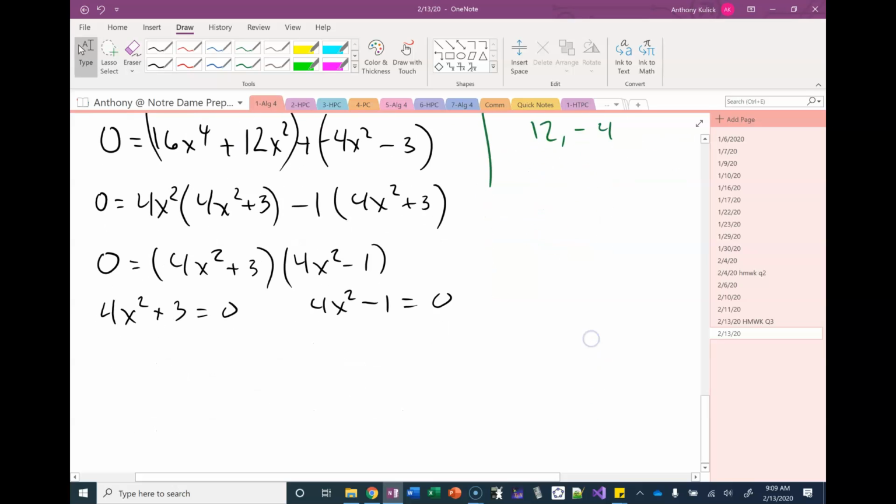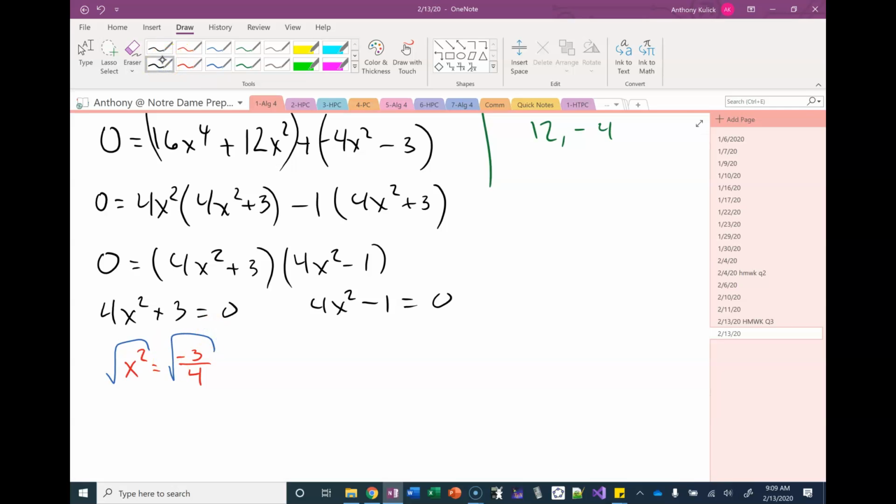And what's going to be the easiest way to solve these quadratics? I would solve them directly because they just have x squareds. Good. So the first one, I'm going to subtract 3 from both sides and then divide by 4. And then I can square root both sides.